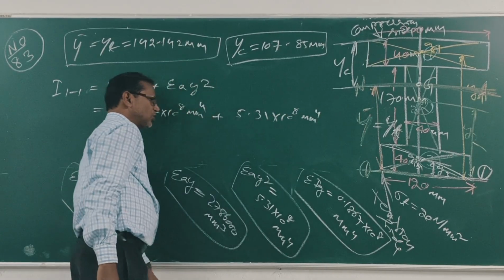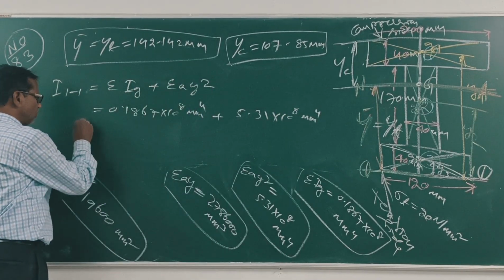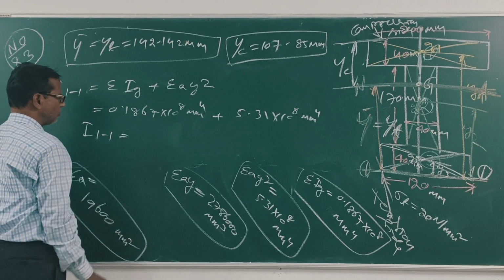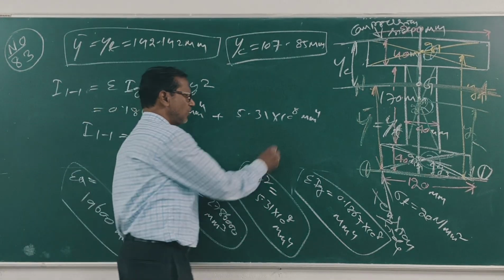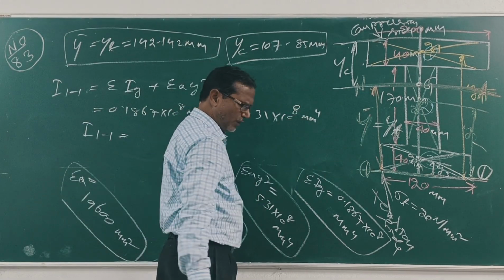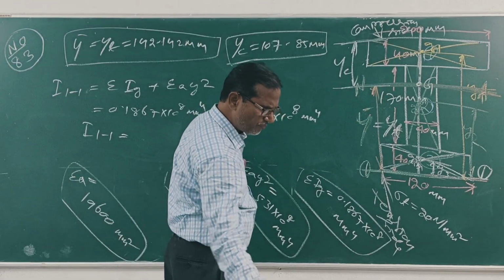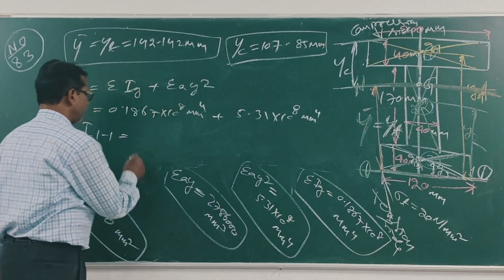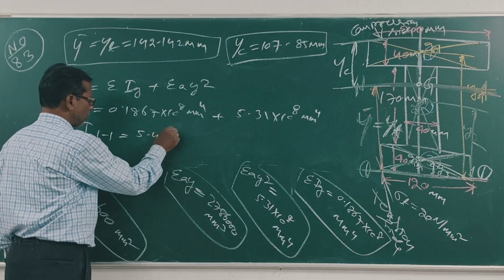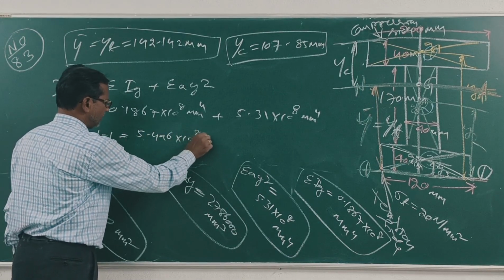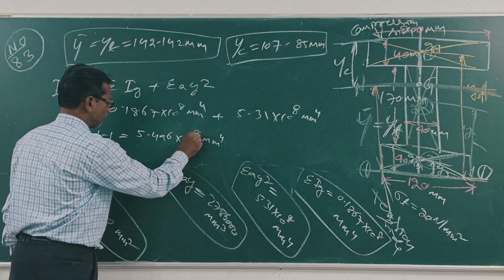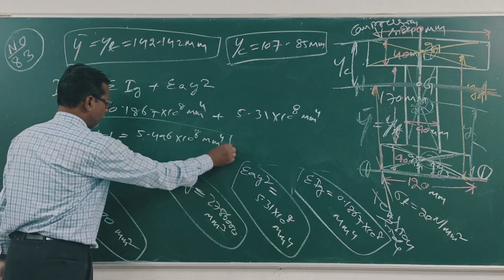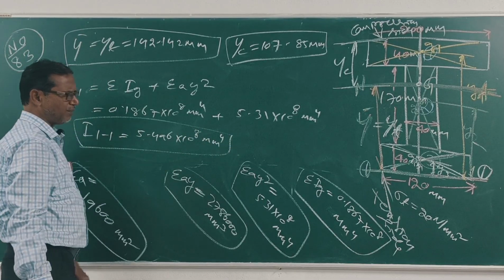So I11 is equal to 5.496 10 to the 8 mm fourth. This is the moment of inertia about reference axis 1 1.